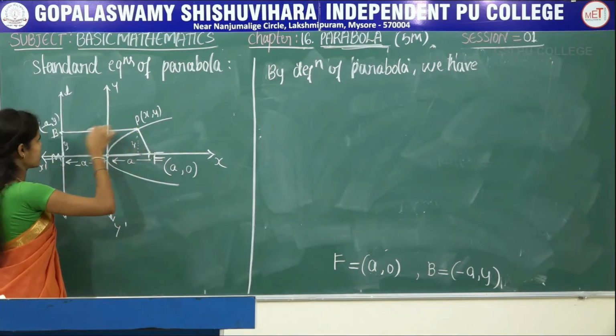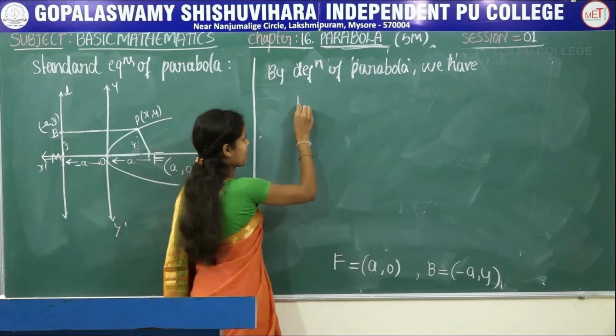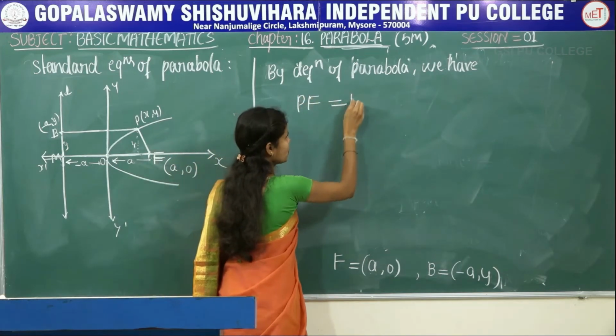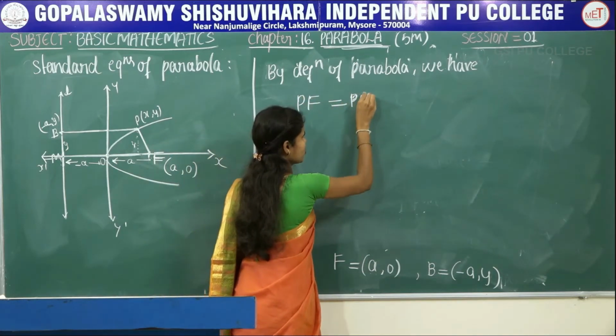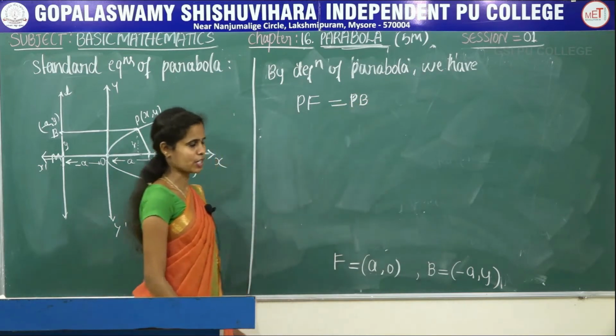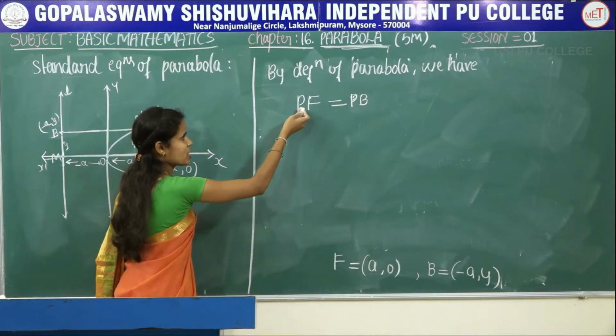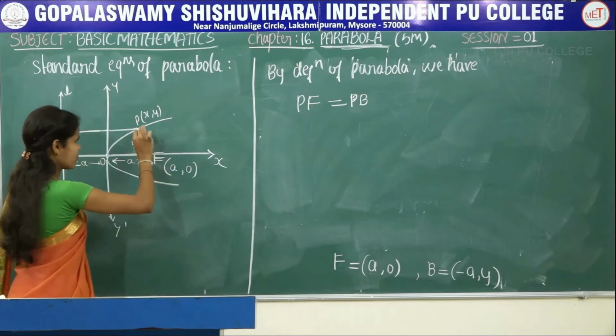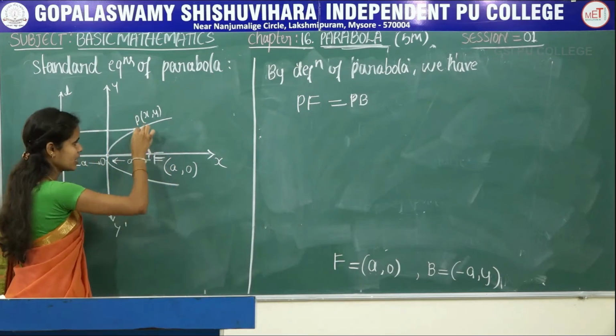That means here PF is equal to PB. Using this condition, let us derive the equation of the parabola. PF means the distance between P and F. By using the distance formula, find the distance between P and F.